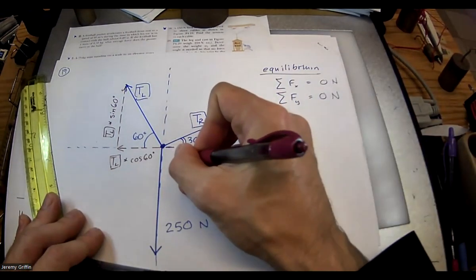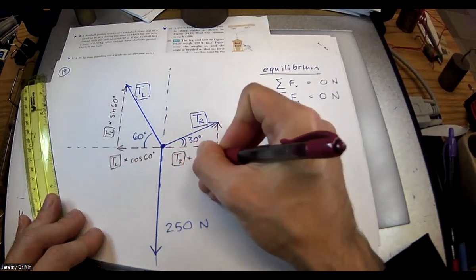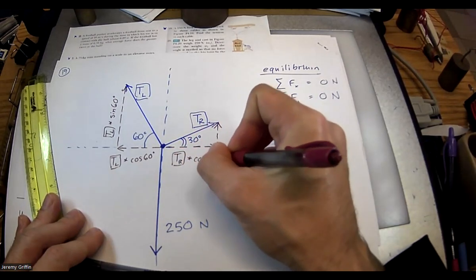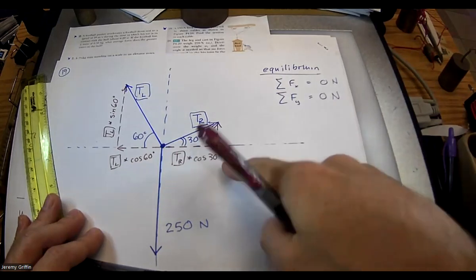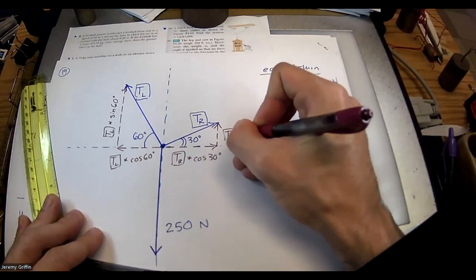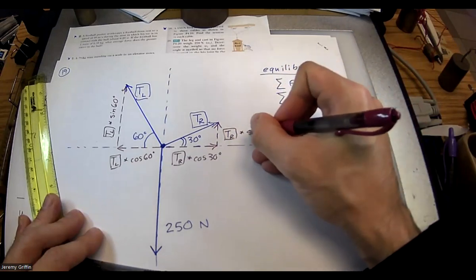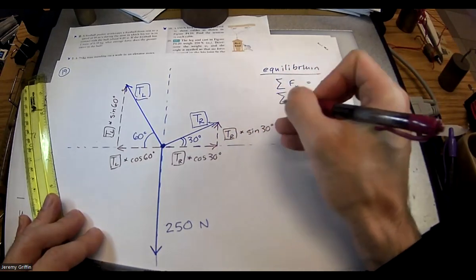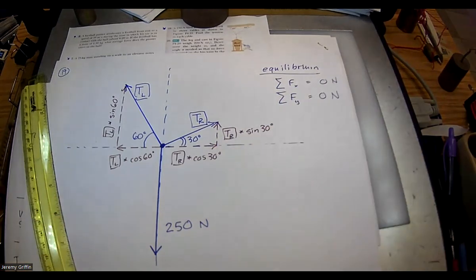This is going to be tension on the right side times cosine of 30 degrees, which is square root 3 over 2 from a math class. And this is going to be tension on the right side times sine of 30 degrees, which conveniently is a 1/2 ratio. Guys remember that?